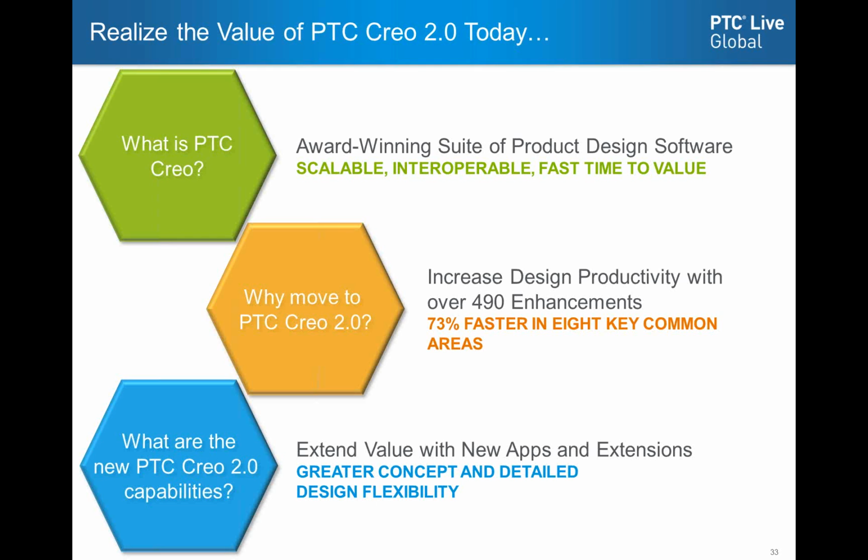Now, as I said, I will caveat that with the fact that a large percentage of that was accounted for with freestyle and the freeform modeling. But typically, customers are getting somewhere between 30 and 40% productivity improvements. And then some of the key focuses in Creo 2 were around concept and detailed design flexibility.